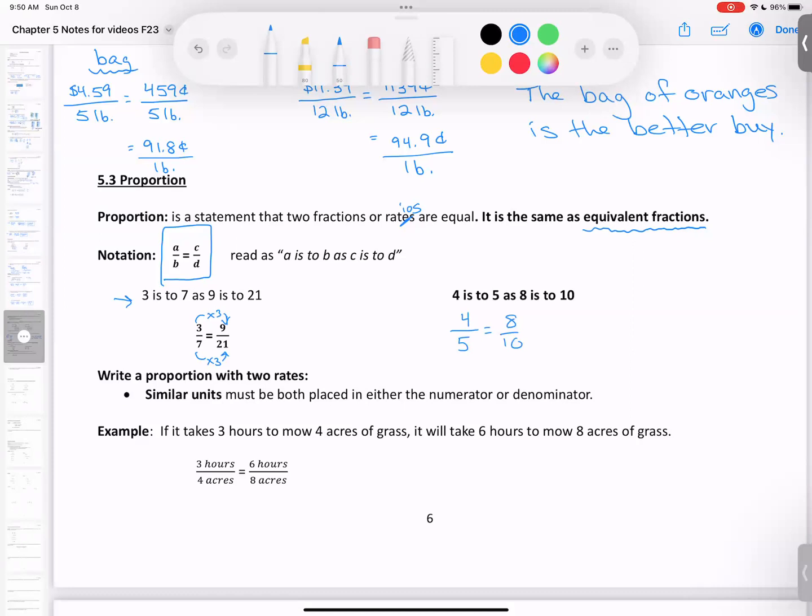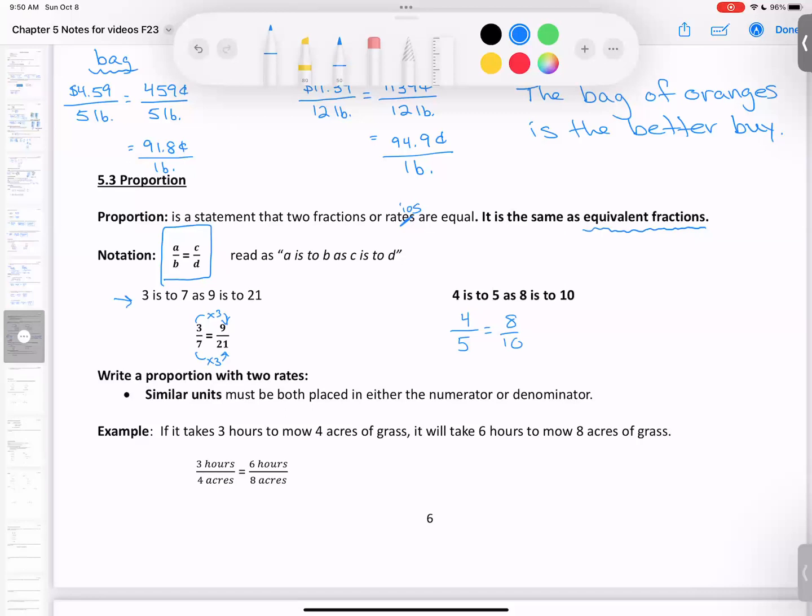Sometimes we'll be writing a proportion with two rates. You have to make sure you're consistent with your units, so the similar units have to stay in the numerator or stay in the denominator. For example, if it takes 3 hours to mow 4 acres of grass, then it would take 6 hours to mow 8 acres.